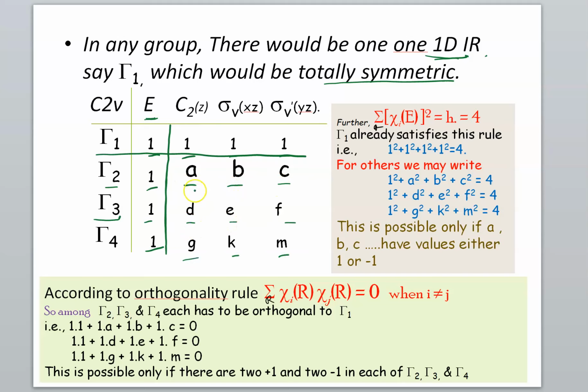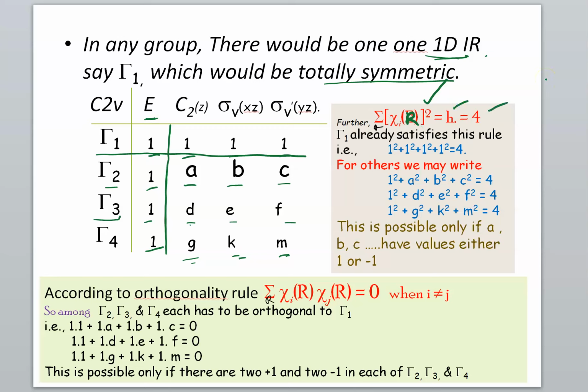We are arbitrarily using the notation A, B, C, D, E, F, G, K, M. I'm not using I, J, H, etc., because they are used for irreducible representation and order of the group, so I'm using G, K, M, etc. Further, from our rule, the sum of the squares of the characters of a representation is equal to the order of the group.